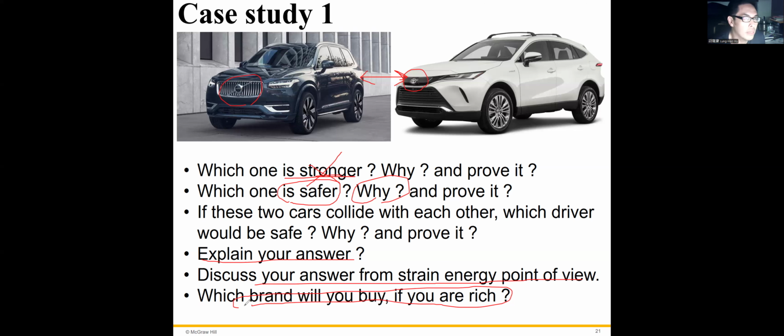However, I will say the structure of the Toyota's car has a huge strain energy, or a huge toughness. What does that mean?